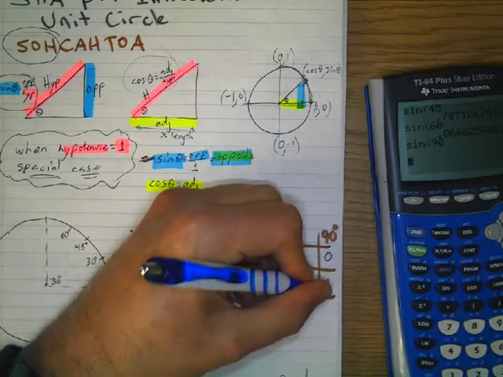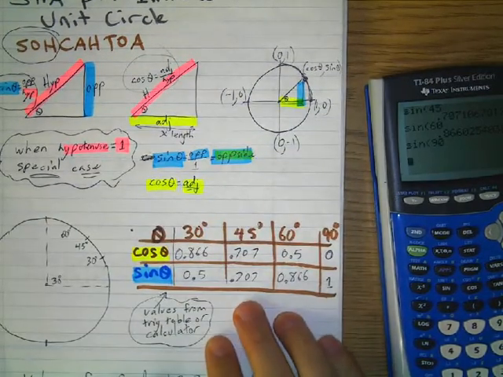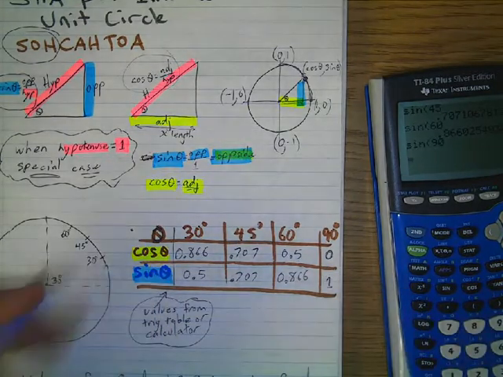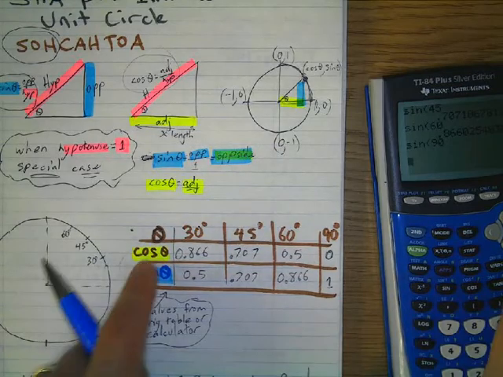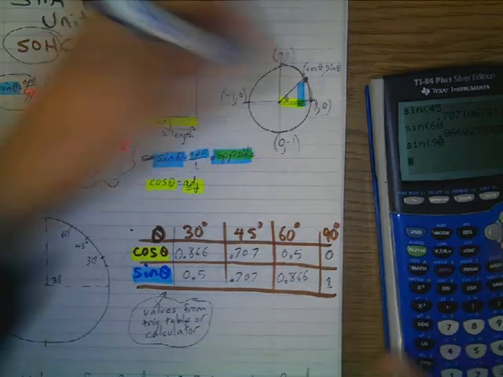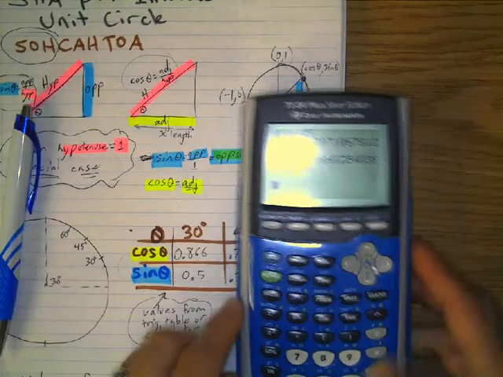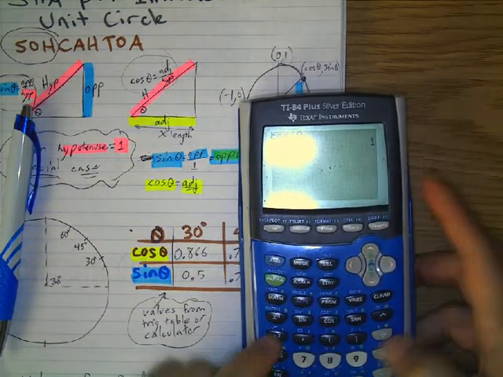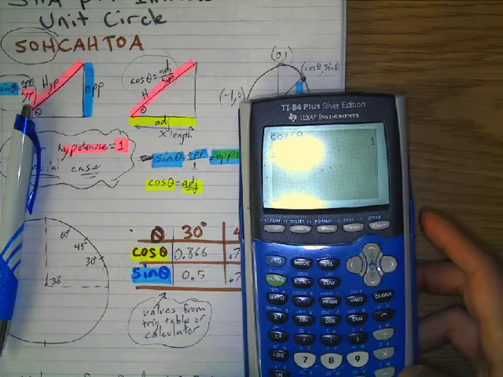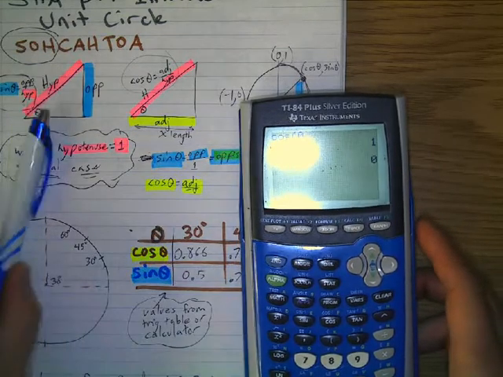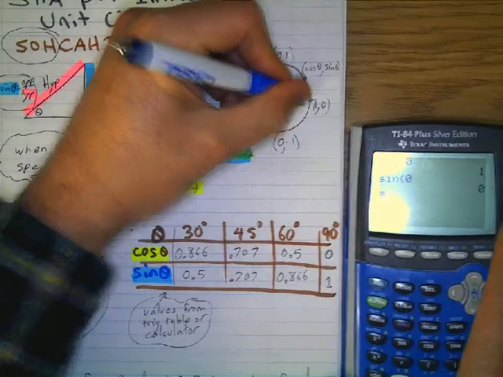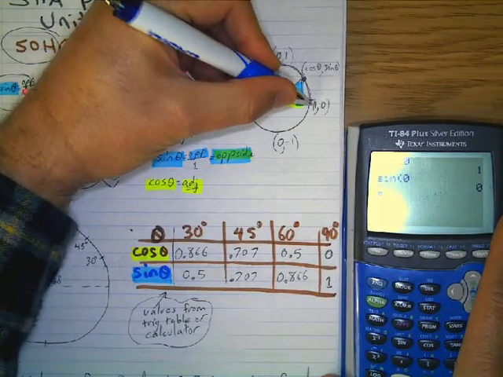Okay, we'll talk about these numbers more in a bit, but let's think about this. At 0 degrees, we're right here. Cosine of 0 is 1, and sine of 0 is 0. So at 0 degrees, the x value is 1 and the y value is 0.